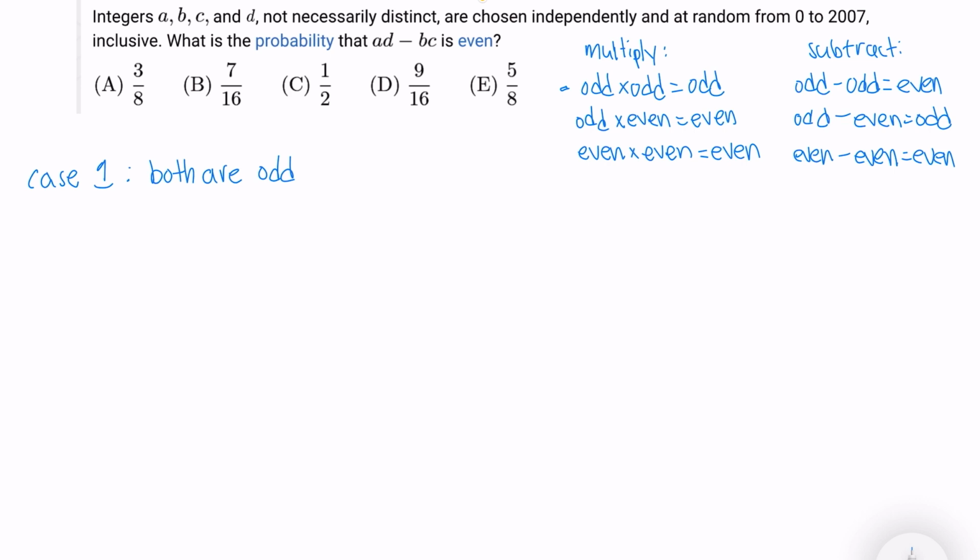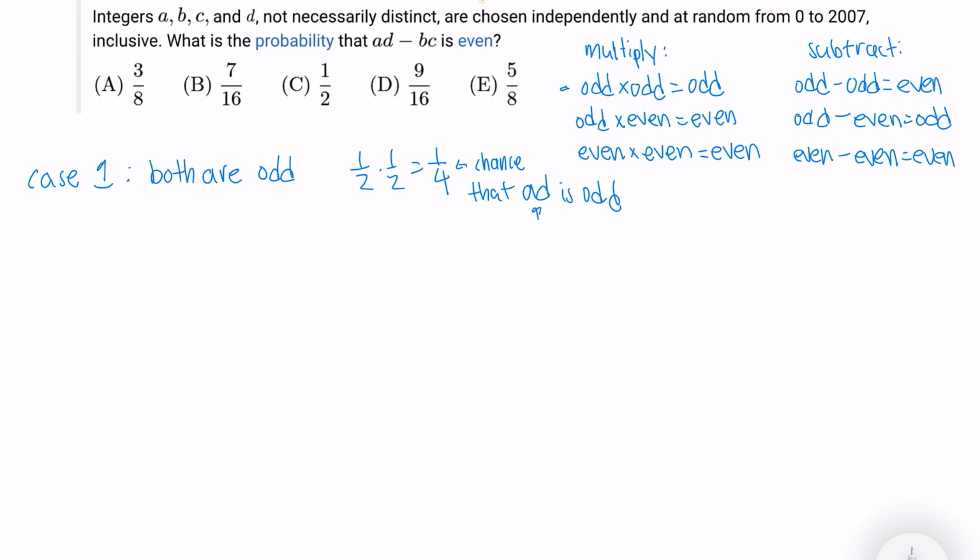So A would have a 1/2 chance of being odd. D would have a 1/2 chance of being odd. If we multiply the probabilities together, we get 1/4. This would be the chance that the product of A and D is odd. And then B and C is just the exact same thing.